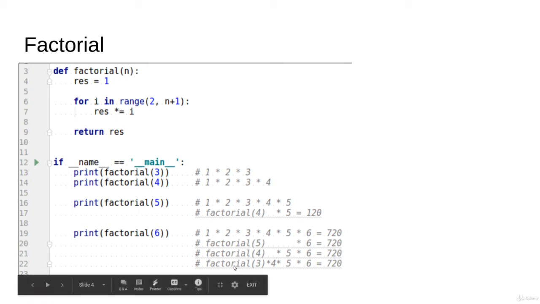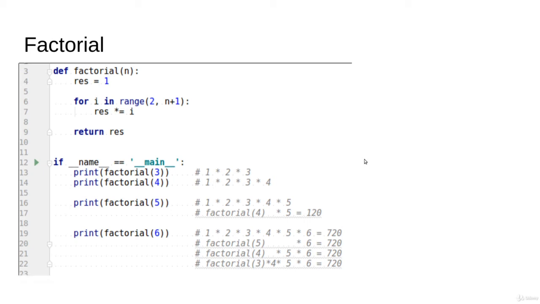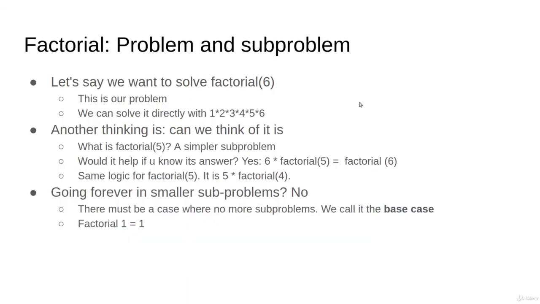If you have factorial 3 and multiply it by 4, you get factorial 4. I hope you now realize what we mean, that the problem can be solved using a smaller sub-problem of the same type. So factorial 6 is going to use factorial 5, which is of the same type. This is mainly what we meant by problem and sub-problem of the same type.